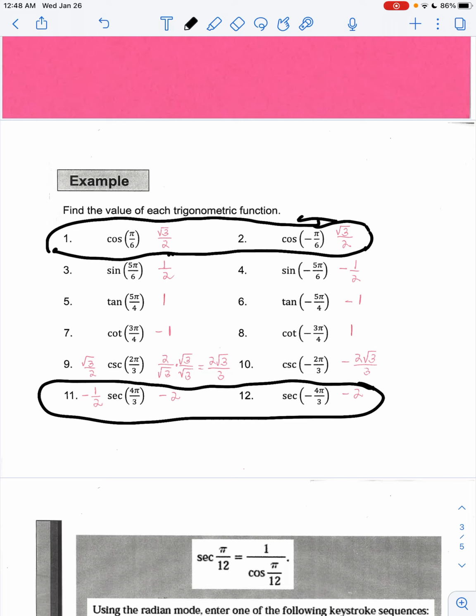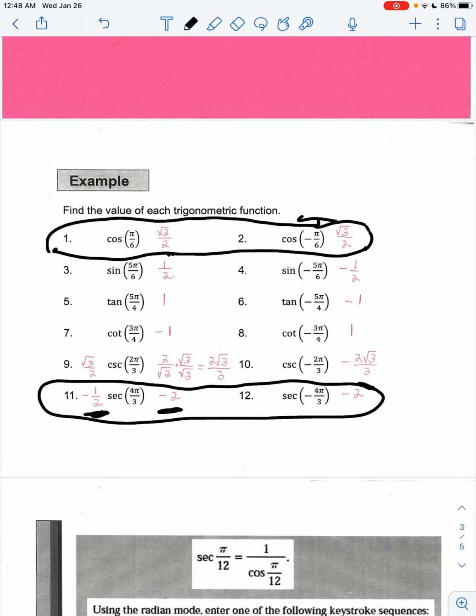So the secant at 4 pi over 3 is related to the cosine, and the cosine of 4 pi over 3 would be in quadrant 3, and the x-coordinate there is negative 1/2. You can see that. So the secant is the reciprocal, and that would be negative 2.